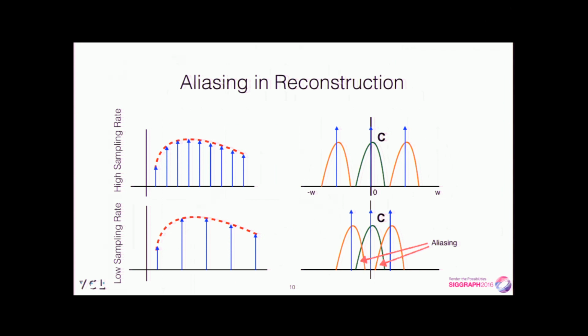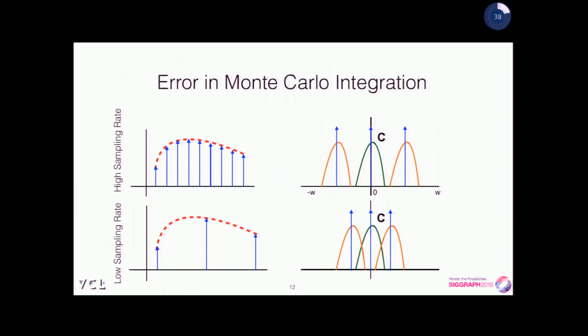Summary of what we've done, because we're going to jump from this to integration. So again, reconstruction, we want the green spectrum. We're going to chop off here. And if they overlap, we cannot chop off. Now what happens in Monte Carlo integration is, instead of this case, which we don't want, where the orange spectrum intersects the green spectrum, do you remember which part of the Fourier spectrum carries the integral of the function?